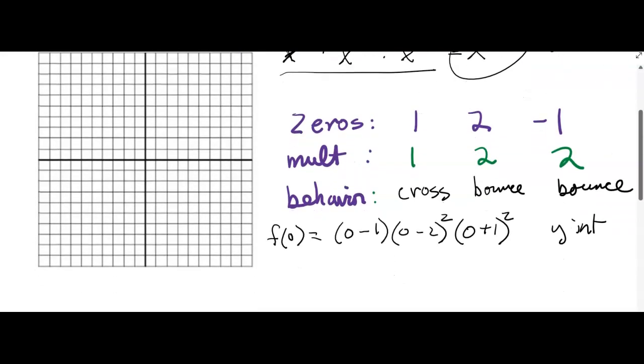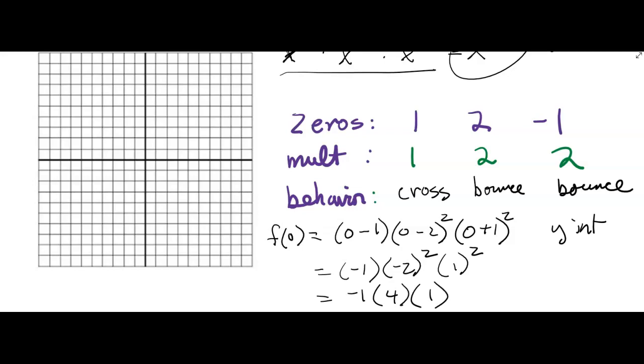So we get negative 1 here, we're going to get a negative 2 squared, and here we're going to get a 1 squared. So I'm going to have negative 1 times 4 times 1, which is going to be negative 4. Phew, so that's a point: (0, negative 4). That's the y-intercept.